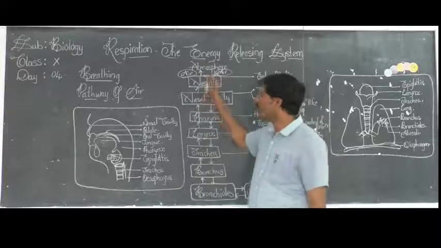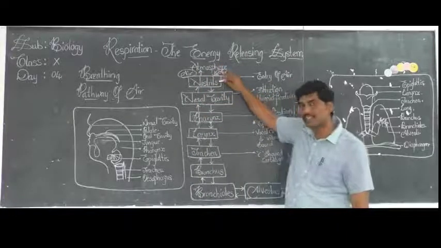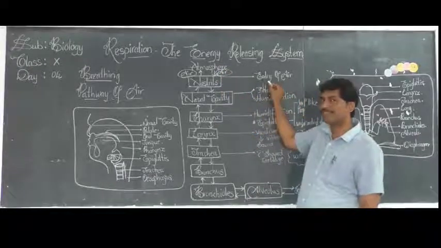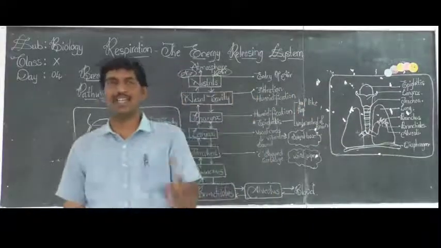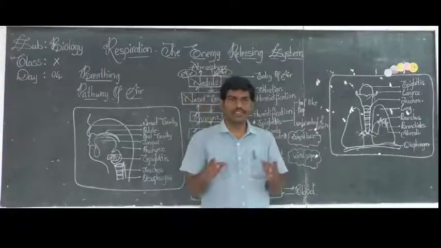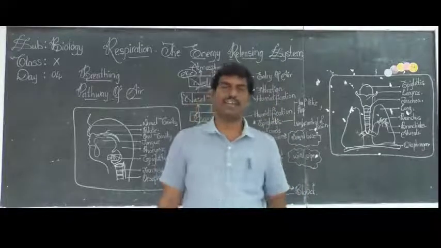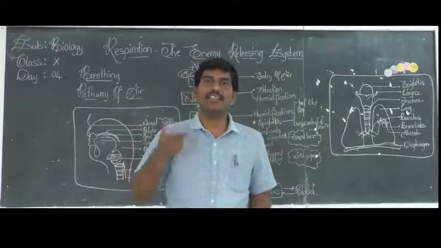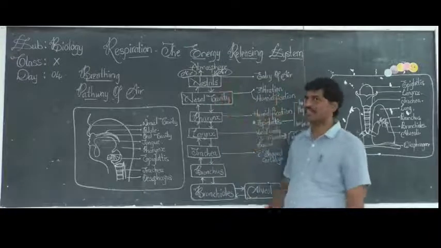The air from the atmosphere enters into these nostrils, so nostrils make the entry of air. The first part is nostrils. The air from outside enters into our body through these nares or nostrils.